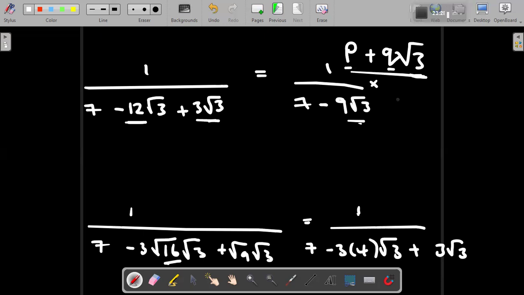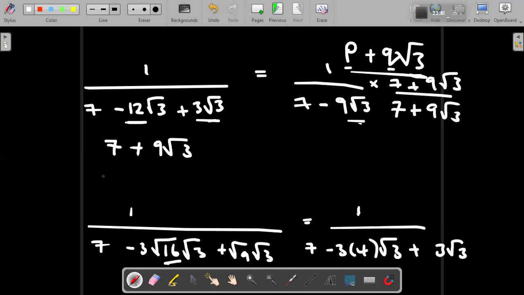In order to come to that form, I must rationalize, meaning I must multiply by the conjugate in the numerator and in the denominator. So I have 9 root of 3. In the top one, I'll just have 7 plus 9 root of 3. Then down there, when I'm multiplying by the conjugate, just square this and square that.